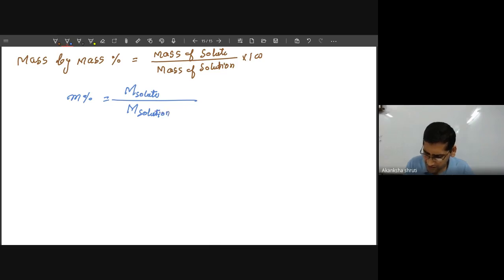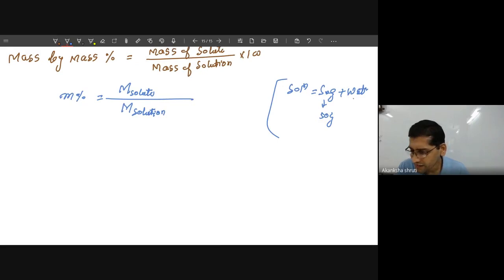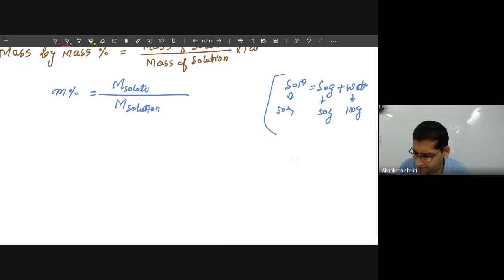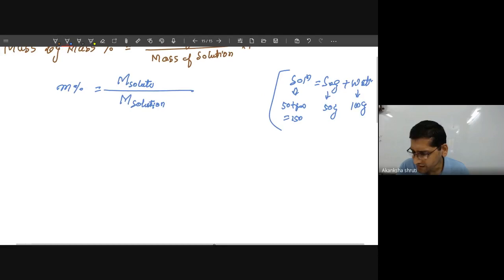Student, we have just learned that if this solution contains sugar and water, and this sugar is just 50 gram and this water is say 100 gram, then what will be the mass of this solution? It will be 50 plus 100, which is going to give us 150 gram.